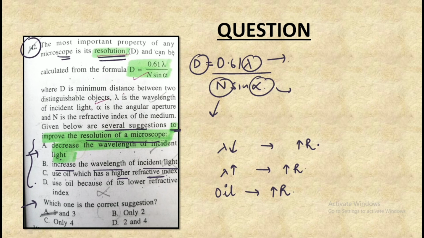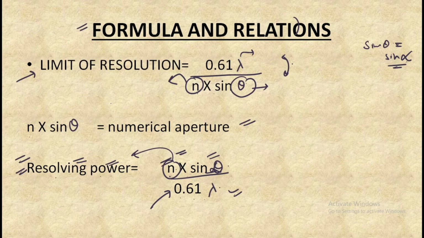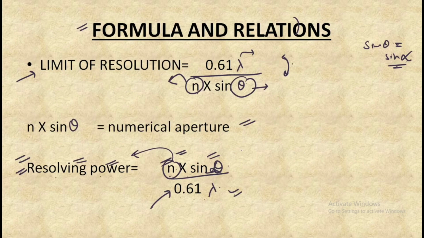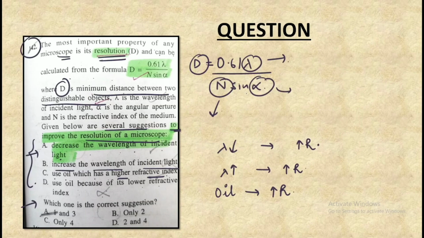D is the minimum distance between the two distinguishable objects, and as we have just studied, the distinguishable distance between the two is the limit of resolution. The formula for the limit of resolution is 0.61 lambda upon n sine theta, which is the formula given in this question.